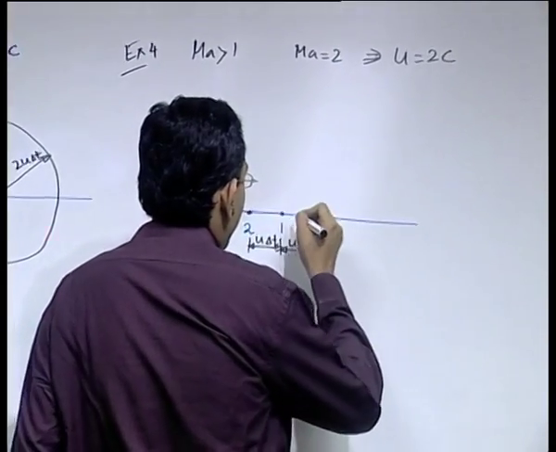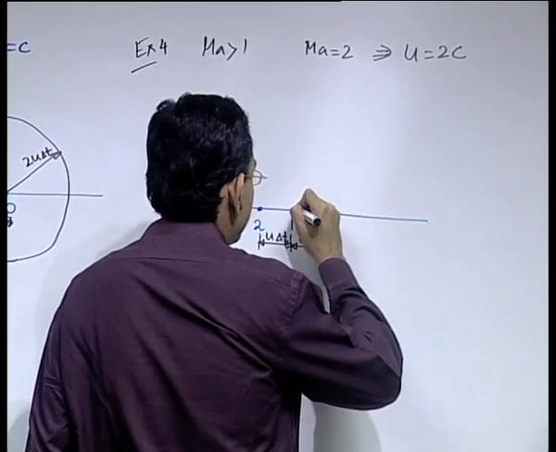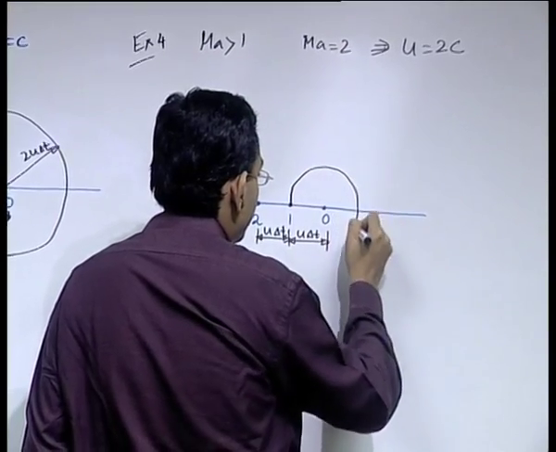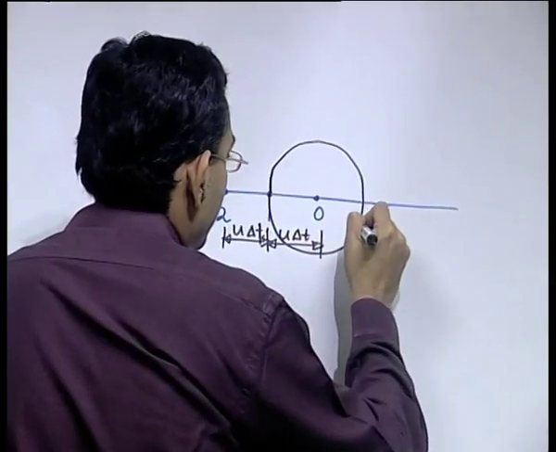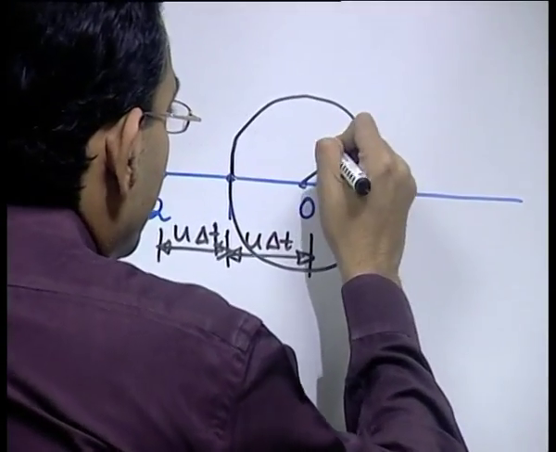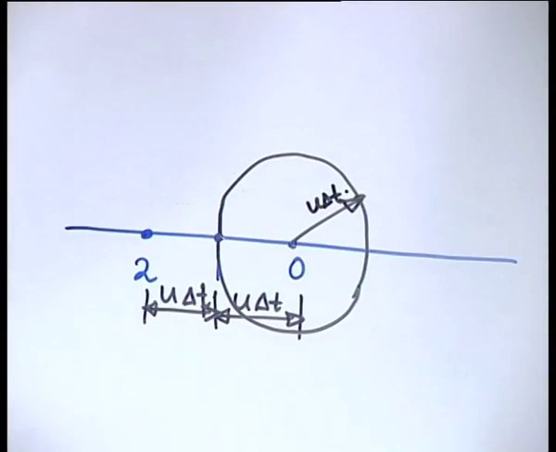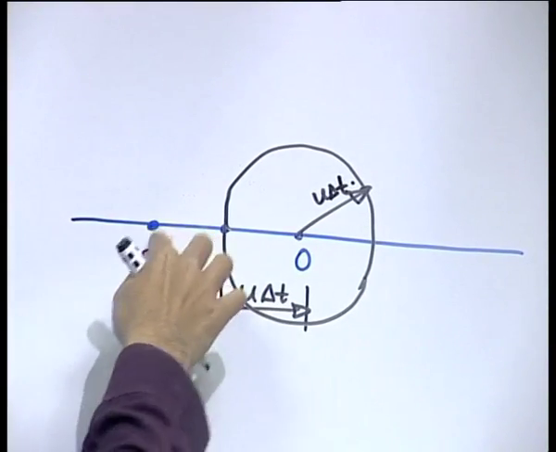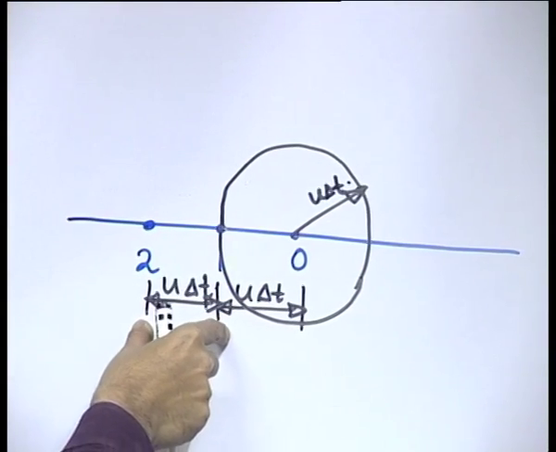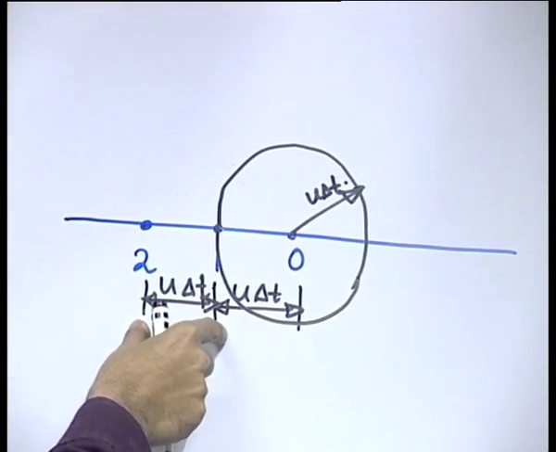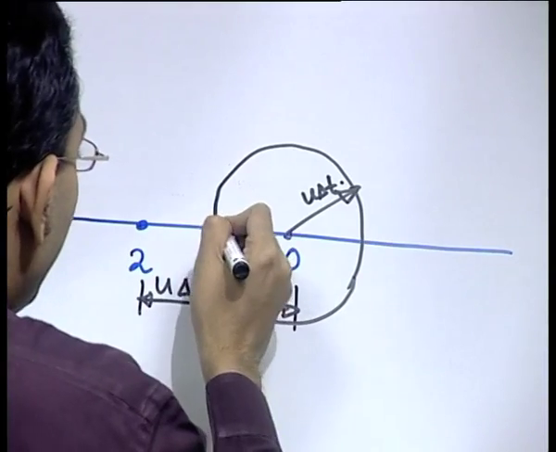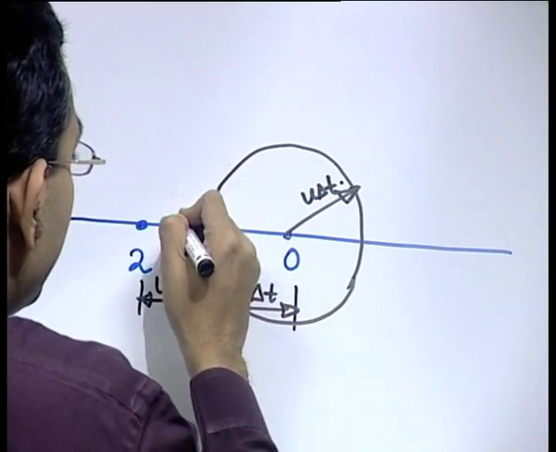So, by the time from 1 to 2 it has come by u delta t, the disturbance front will come by half u delta t. So, taking 1 as center and half of this as radius.